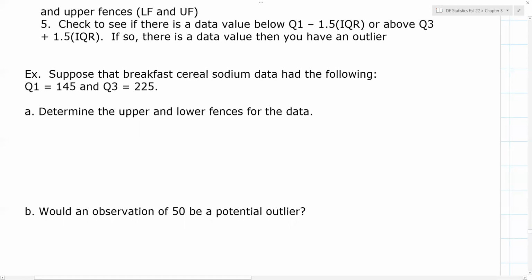So suppose that breakfast cereal sodium data had the following data points. So we have a Q1 of 145 and we have a Q3 of 225. Determine our upper and our lower fence. Take a second, use those 5 steps, find me an upper and a lower fence.